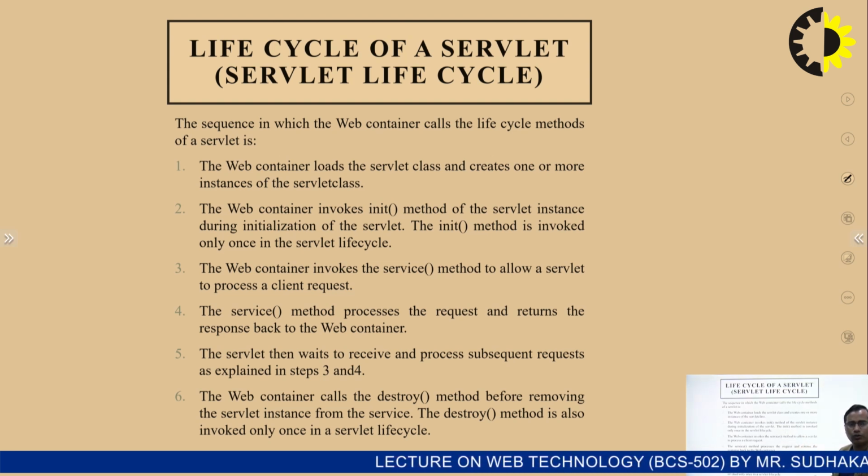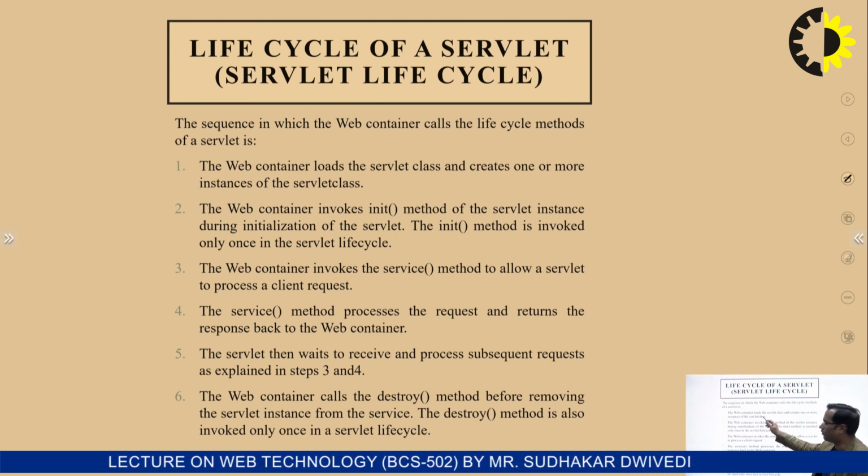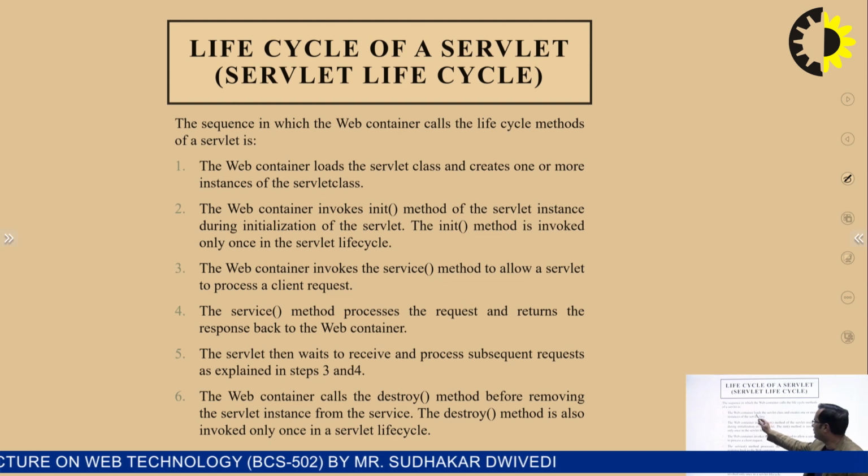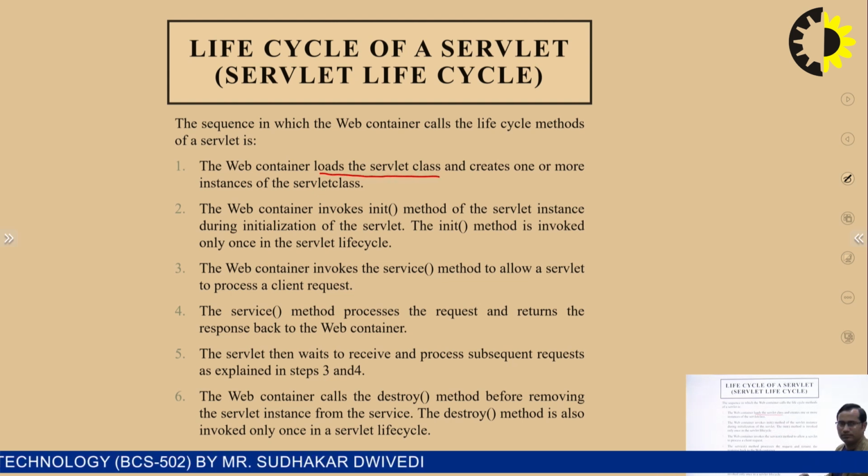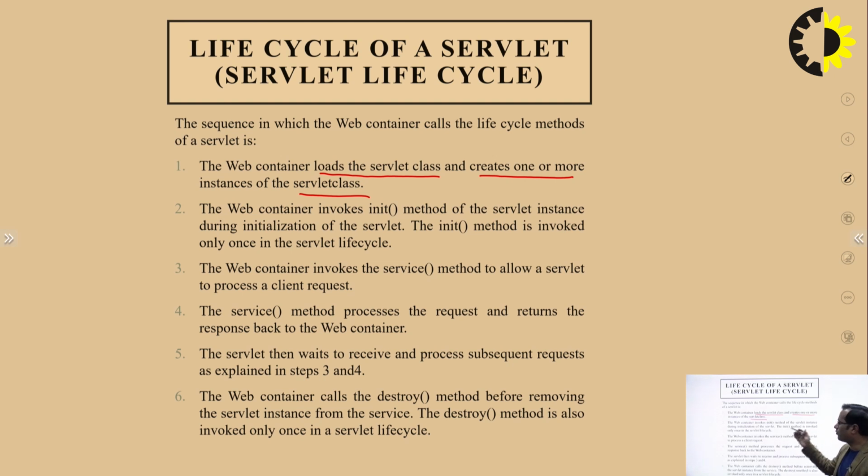First the web container loads the servlet class and creates one or more instances of the servlet class. Now the web container invokes the init method of the servlet instance.